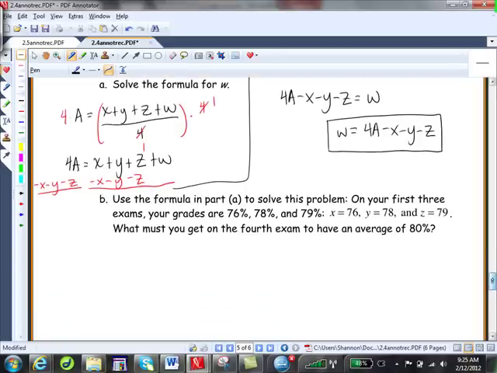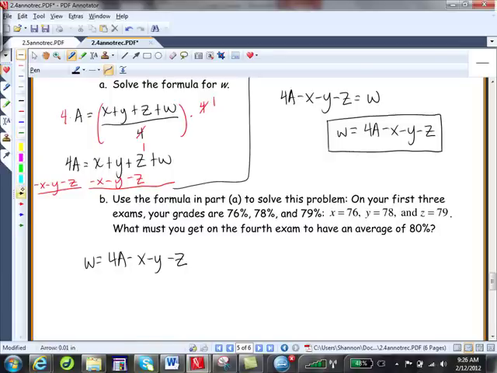Right, next up, we're going to use this formula, W equals 4A minus X minus Y minus Z, to solve the problem. What we are going to do is just plug in the numbers in front of the percentages, and then we will add a percentage in our answer, in order to keep from getting confused.